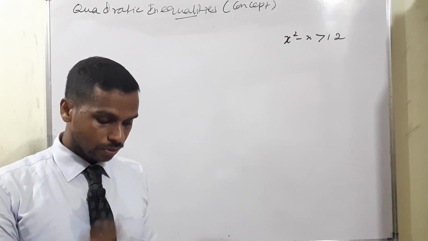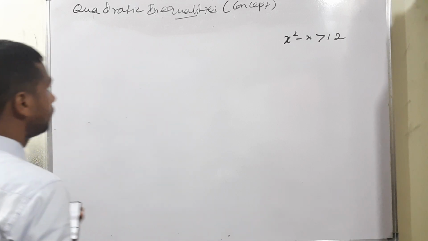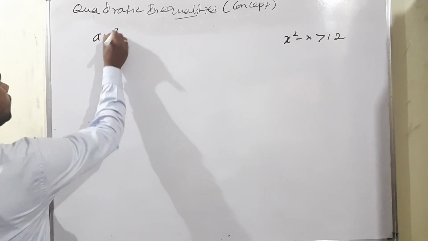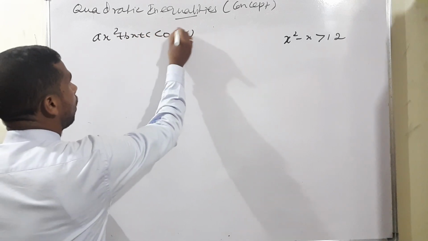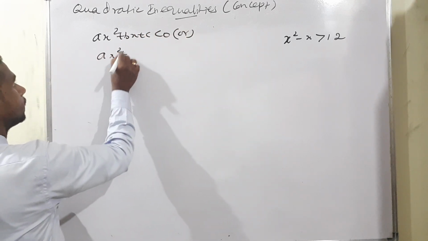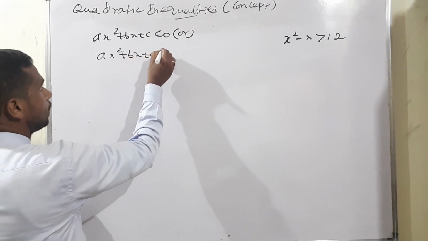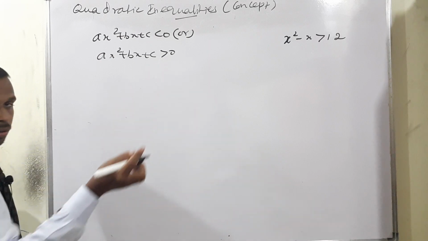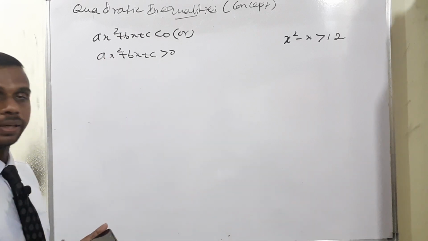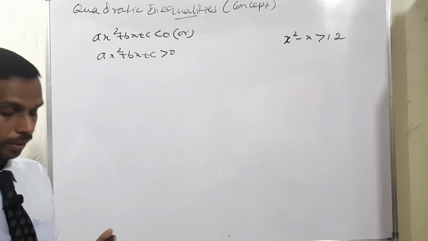What is the main condition? So ax square plus bx plus c greater than 0, or ax square plus bx plus c less than 0, but not equal to 0. This type of the condition we can say quadratic inequalities.